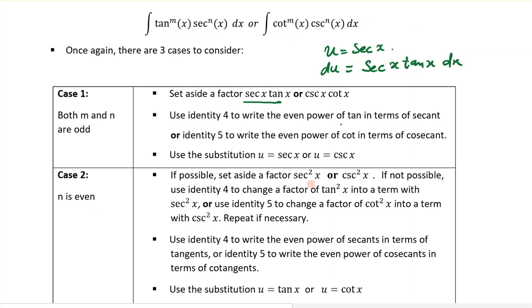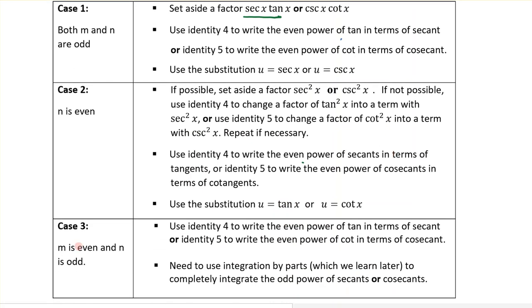So let's say n is even; the first thing we do is put aside a factor of secant squared x. If that is not possible, then we change a factor of tangent squared x into a term with secant squared x. I'm going to do a problem, then it will be more clear. After doing this, we use the substitution that u is equal to tangent x.